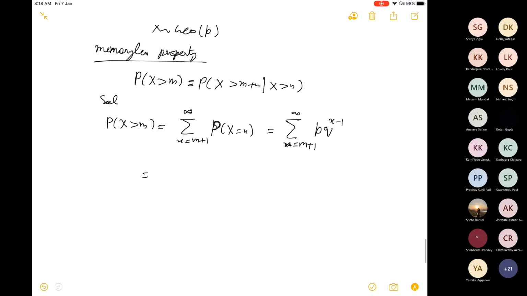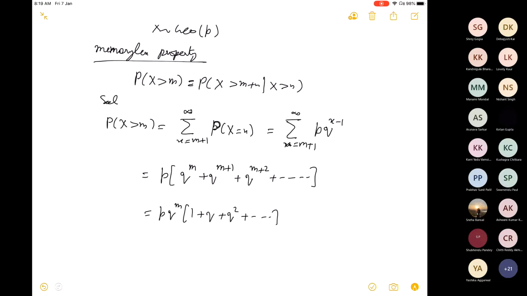So we will have p q raised to power m, because when x is m plus 1, this becomes q raised to power m, plus q raised to power m plus 1, plus q raised to power m plus 2, plus so on. Therefore p q raised to power m into 1 plus q plus q square plus so on.